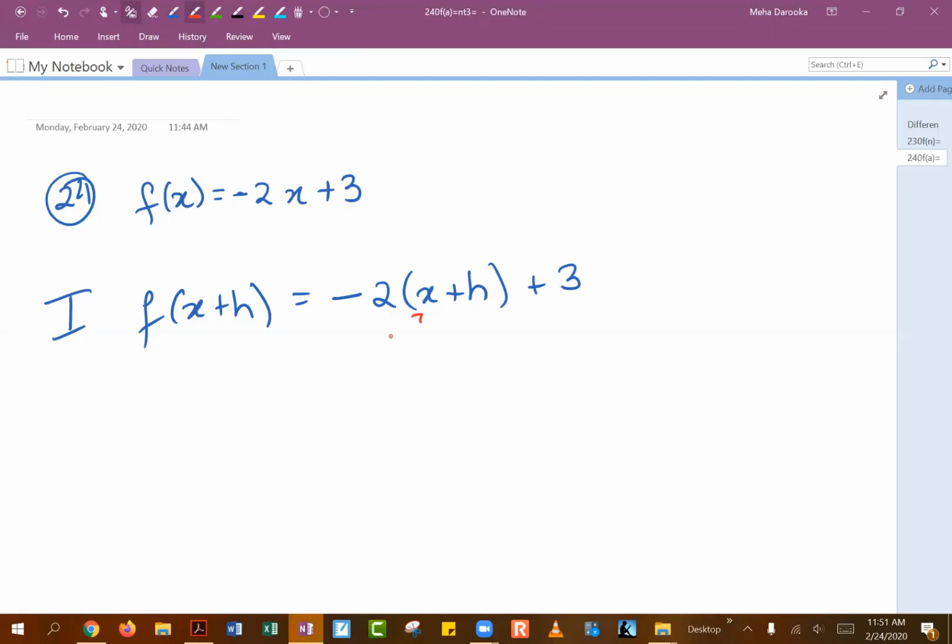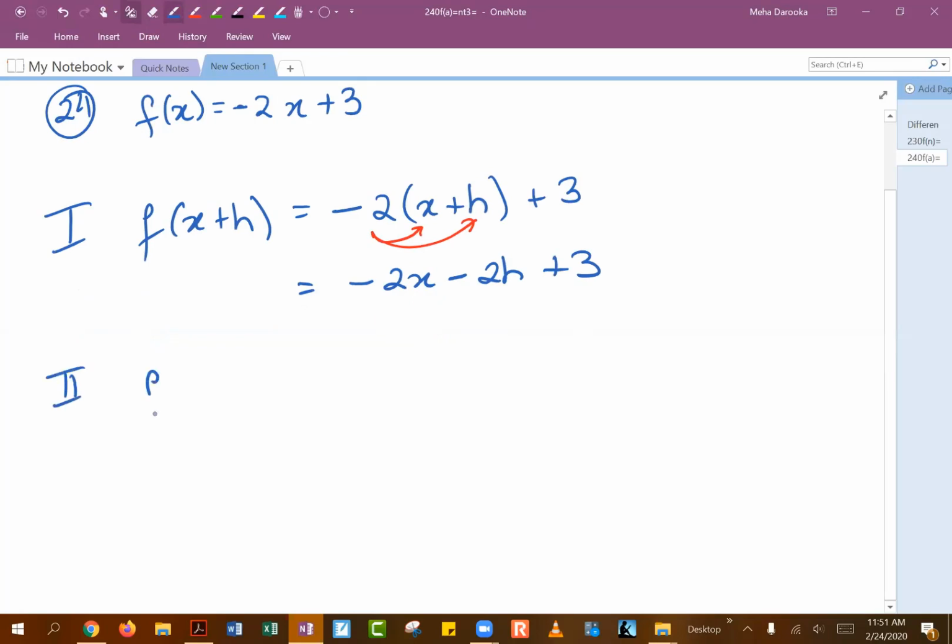He's like, man, I thought I could just skip all of that. Alrighty, so we start by replacing our x with x plus h, and then distribute that -2 with the x and h, and you end up getting -2x, -2h plus 3. Step 2 is where we take this answer and subtract the original function from it, right?